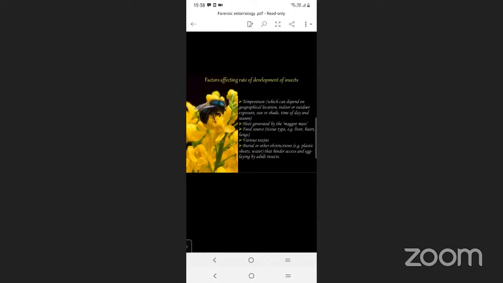So we can even study all the flies which we see all around the coffins when they are buried.